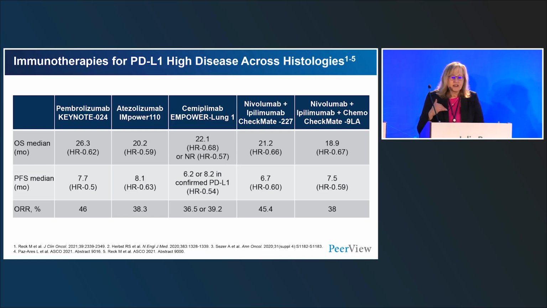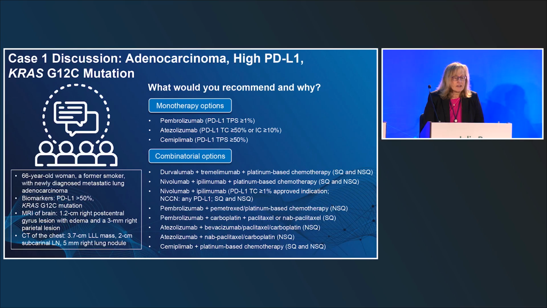And with ICI combinations, we are not seeing an increase in response rate, but we're also seeing a very similar, not quite 2-year overall survival with ICI combinations. So personally, in my practice, I've still used a fair amount of single agent ICI for patients with PDL1 high disease.